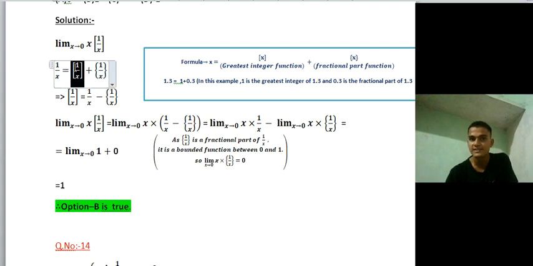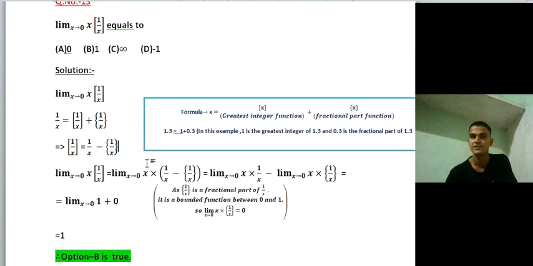Then this greatest integer function is equal to 1 by x minus the fractional part. So then we will find out the limit. So limit of x into this: instead of this, we will place 1 by x minus fractional part of 1 by x. So x will be multiplied with both terms by the distributive law.